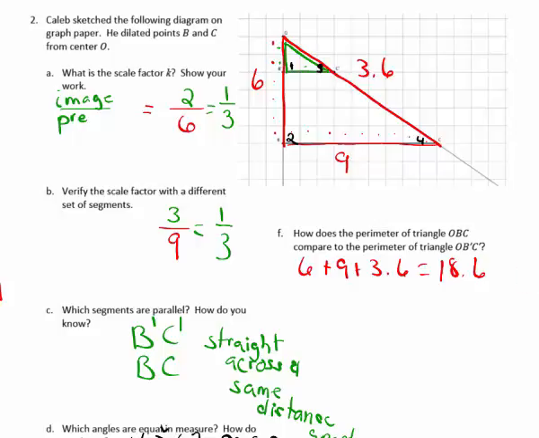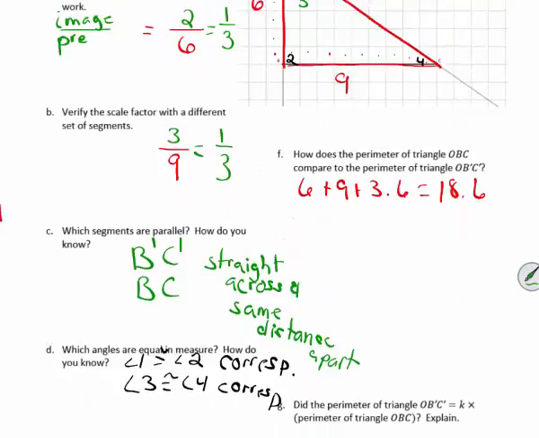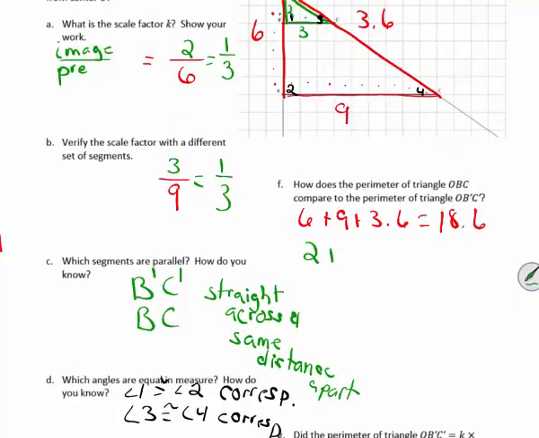And then for my little one, we have 2. This side was 2, this side was 3, and we just figured out this side is 1.2. I hope I remember that correctly. Yep, okay. So 2 plus 3 plus 1.2 should give me 6.2. So now I'm going to see, is it the same scale factor?